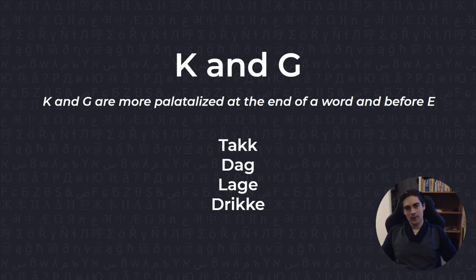What we want in Norwegian is take those ki and gi, cut the E, and use the consonant. Listen to these words. Takk, dag, lage, drikke. I hear a lot of foreigners pronounce these words like takk, dag, lage, drikke, but it should be more palatalized. Takk, dag, lage, drikke.